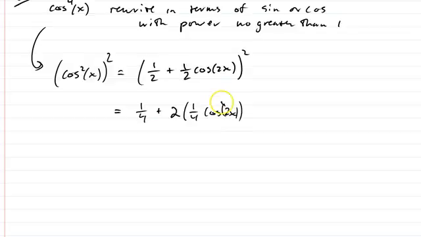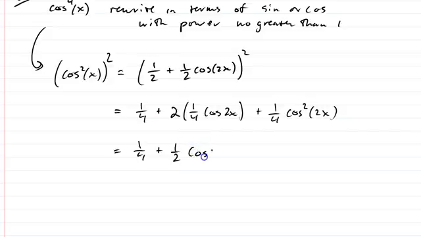Okay, and maybe I'm adding too many parentheses. It's making it a little cluttered in here. And then lastly, we would do last times last, which would be 1/4 cosine squared of 2x. Now we can rewrite this: 2 times 1/4 is actually 1/2 cosine of 2x.